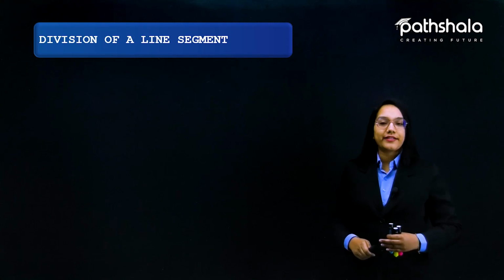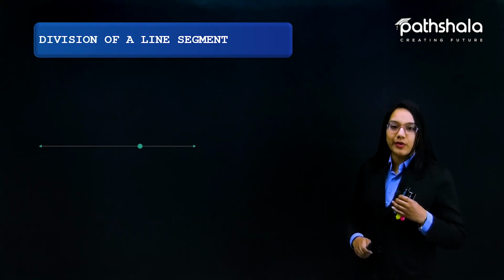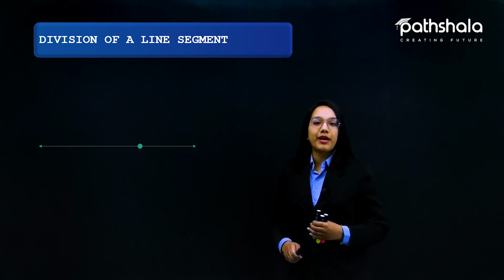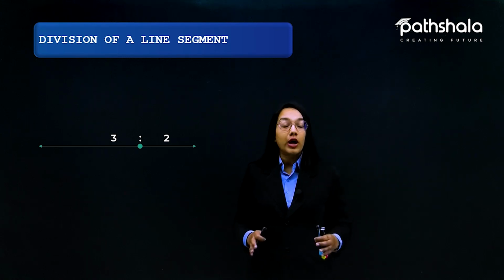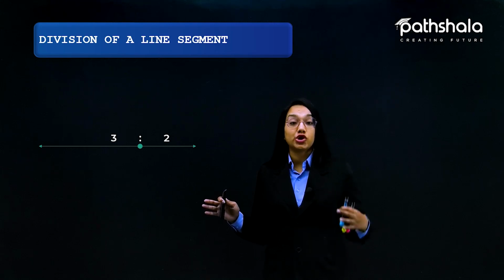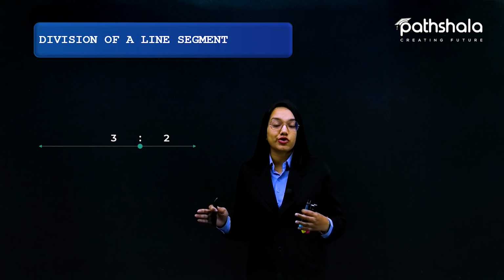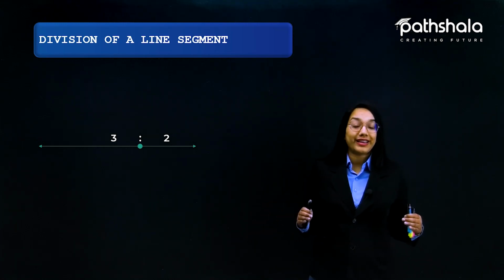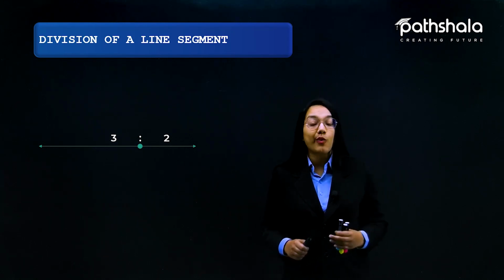Let us suppose we have any particular line segment, and we have to divide that line segment in a particular ratio, and show this with the help of a construction. How can we do such a construction, in which we divide a line segment in a ratio that will be given to us? Let's see how we can do it.